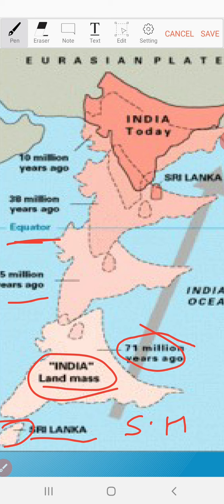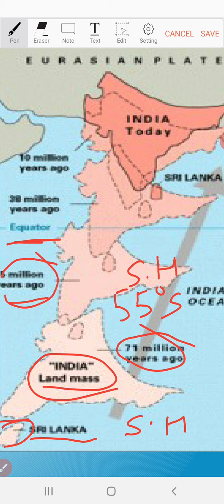It is still in the southern hemisphere. 55 million years ago, the location was 55° south latitude.